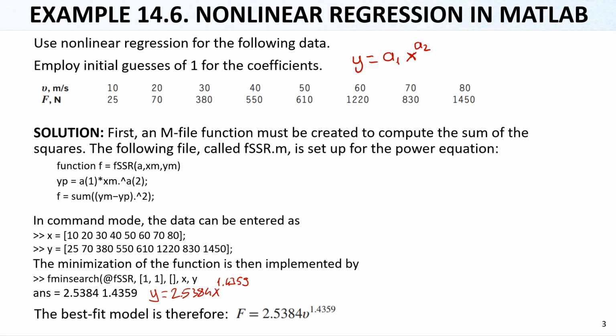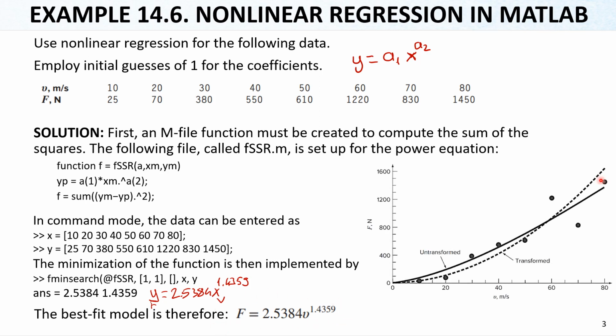You can show this with f's and v's because y is f actually and x is v. You can see here the function is like this. We can plot this, and you can see the data here, and the black line is this function. It's called untransformed actually. This one is the black one. You can see it goes well around the data, but we can have other options as well.